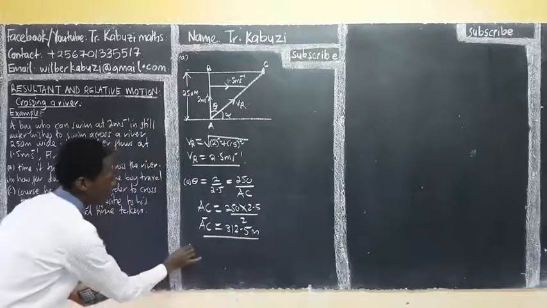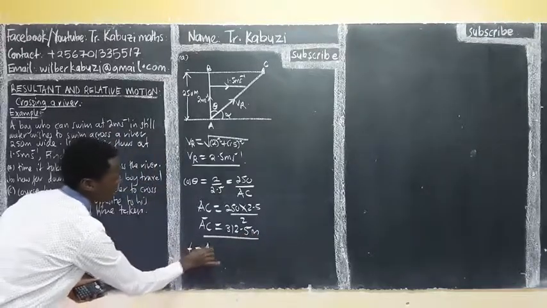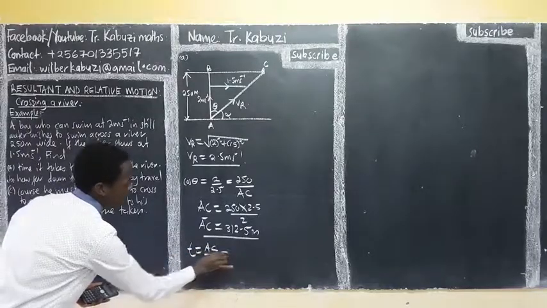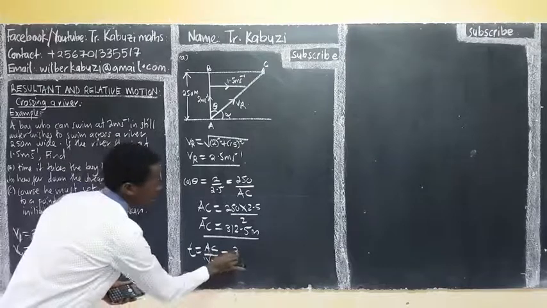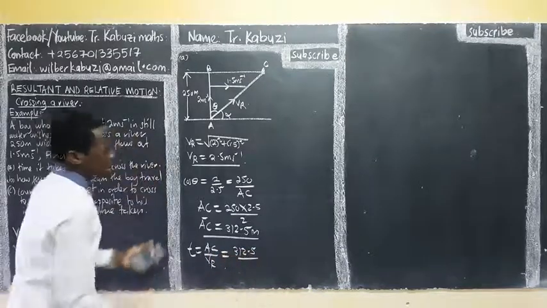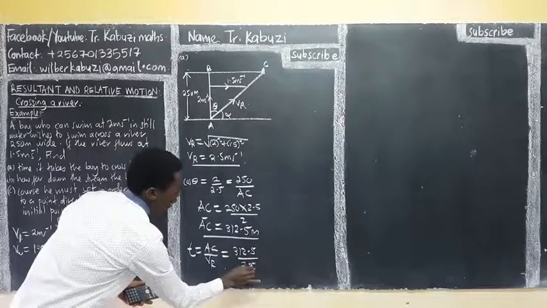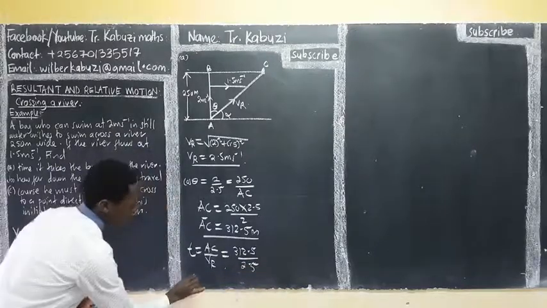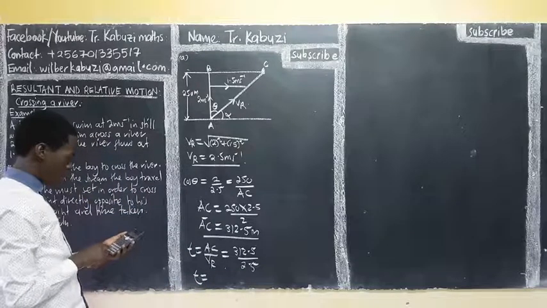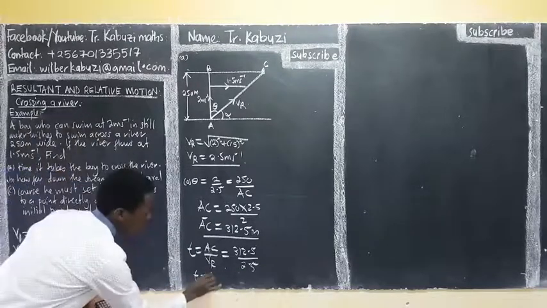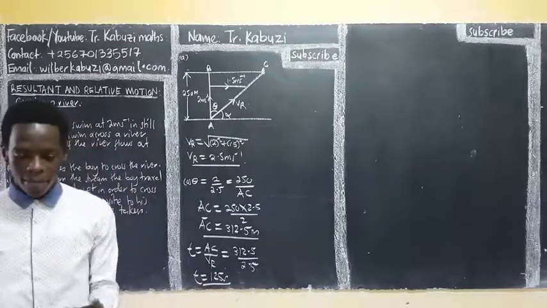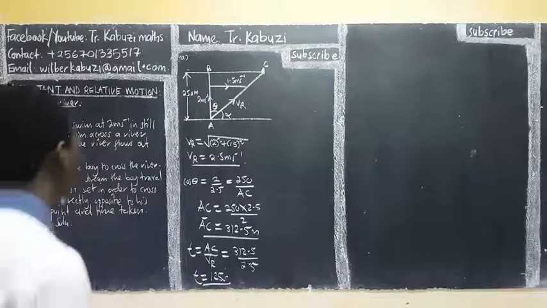Therefore my time will be equal to SC over VR, so 312.5 over 2.5, and this will be in seconds. So my time will be 125 seconds. So that's the time the boy is going to use.